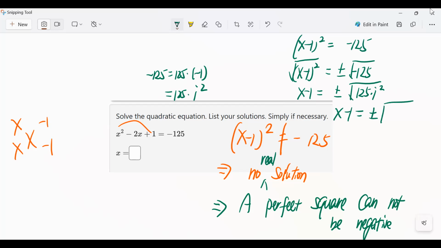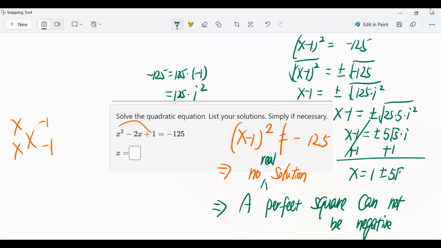Then break down 125 into 25 times 5, and then i squared. Then simplify: x minus 1 equals plus or minus the square root of 25, which is 5, times the square root of 5, times i. Now from there, you just add 1 to both sides of the equation and end up with x equals 1 plus or minus 5 radical 5 i.